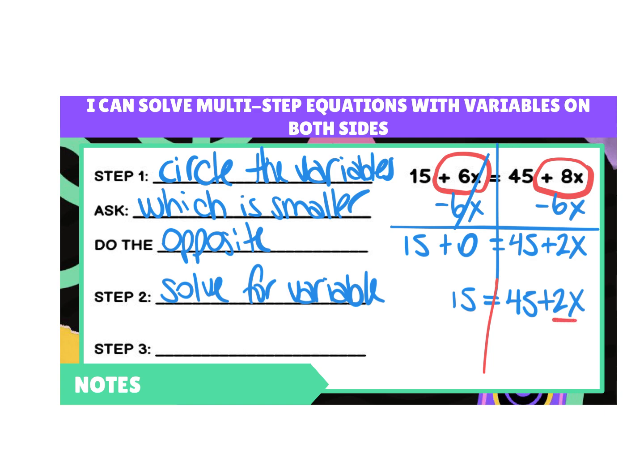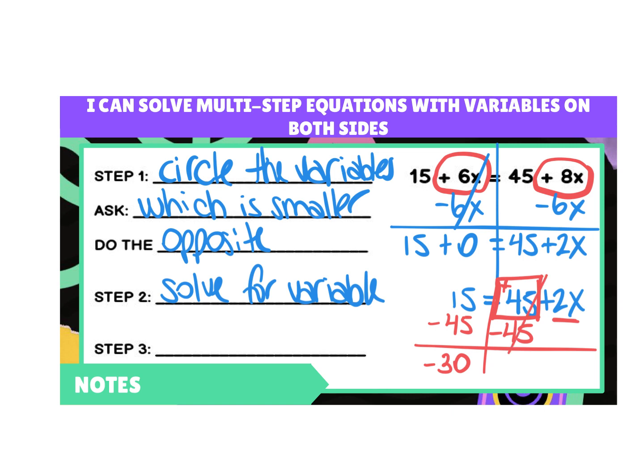We want to get this by itself, which means we have to get rid of that positive 45, which the opposite is minus 45. So 15 minus 45 will give us negative 30.